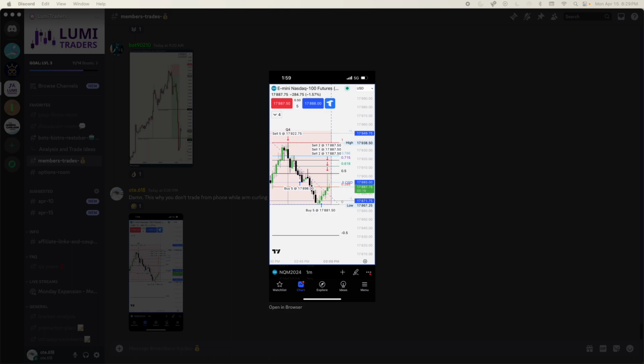Let's look on the 15. Here we do have the small little fair value gap right here. Small, teeny weeny fair value gap, which bodies are kind of respecting.